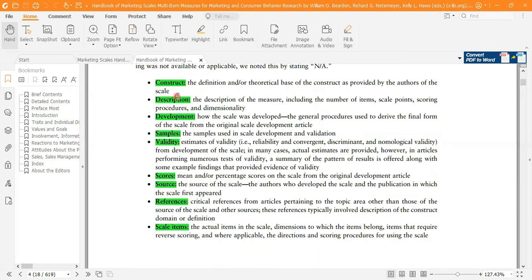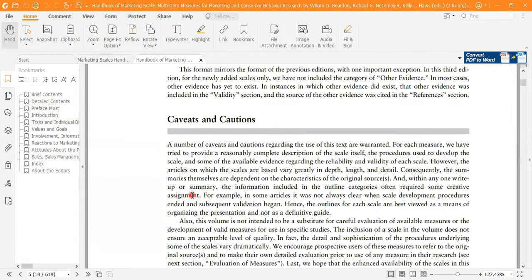First, the construct is defined. Then there is the description, the development of how the construct was developed, and the sample, validity, scores, sources, references, and scale items. So all these are the dimensions of every scale. Whatever scale has been provided, all these dimensions have been discussed. I am going to show you all of these.